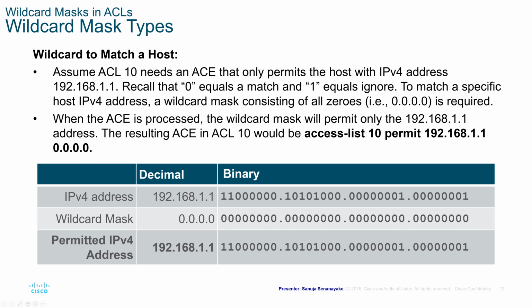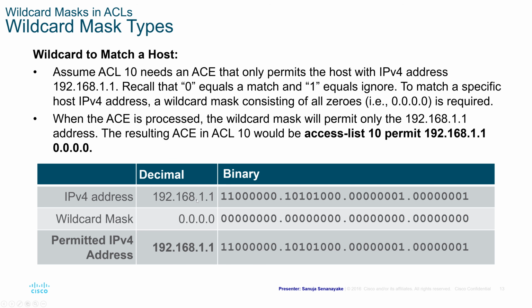access-list. That's the command that you will be using on Cisco IOS: access-list, and we're going to give the access list number. In this case, we're going to use the number 10, and we're going to say permit 192.168.1.1, because that is the IPv4 address that we would like to permit, and then we put a space and 0.0.0.0, because that is the wildcard mask.